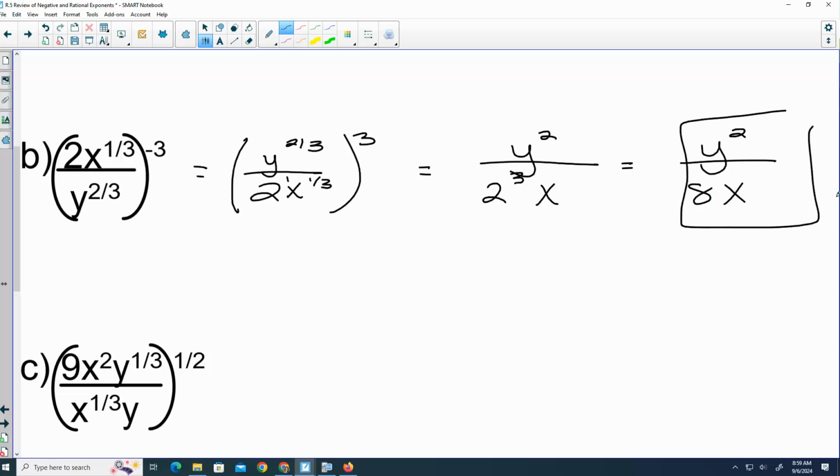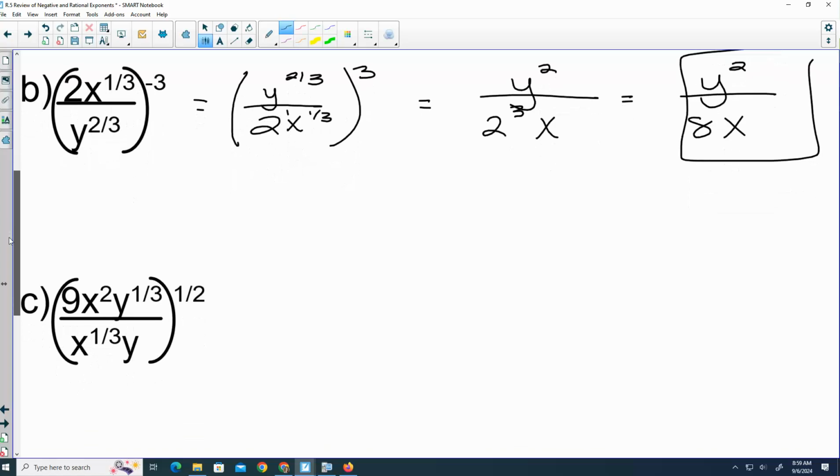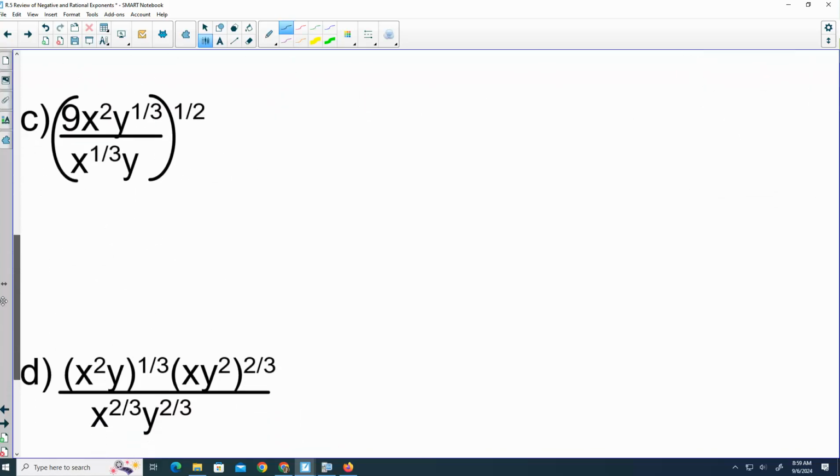Y squared over 8x. I want you guys to try a couple. You do C, I'll do D with you, and then I'm going to give you guys a different one.